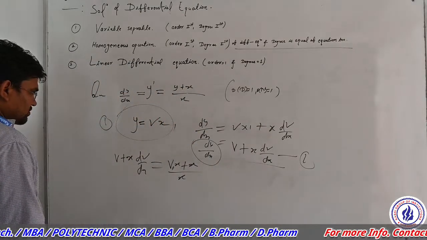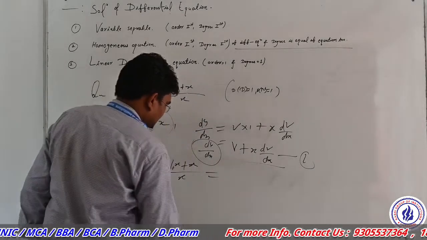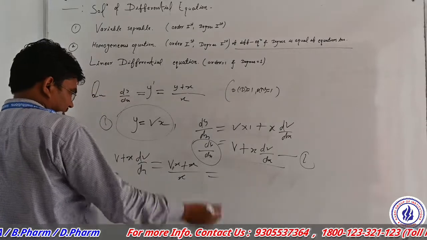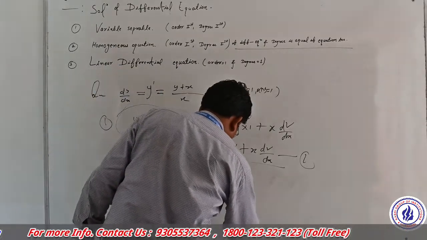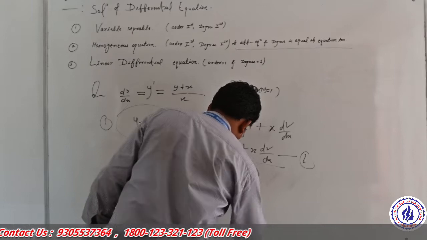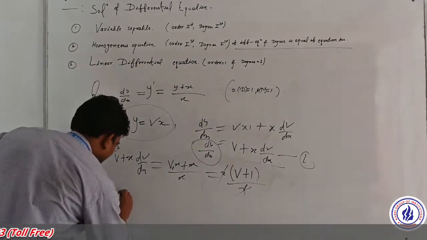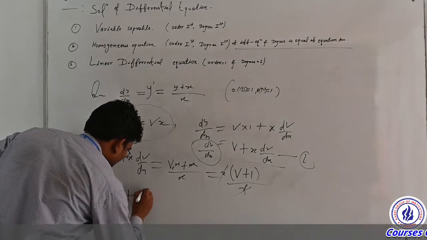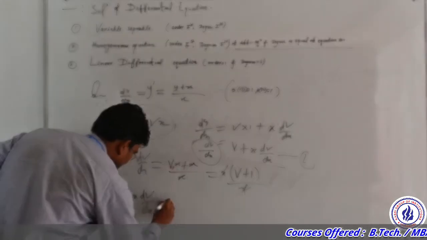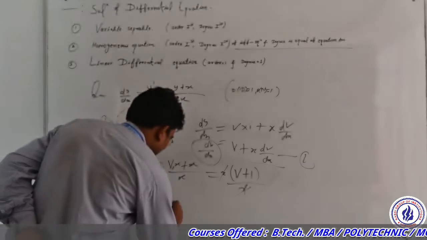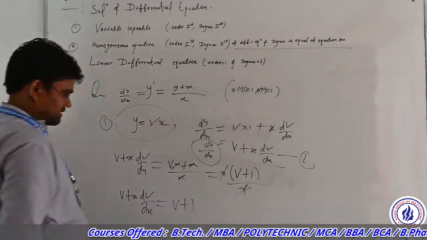Taking x common, we have x times v plus 1 upon x, cancel out x, and we get v plus 1.